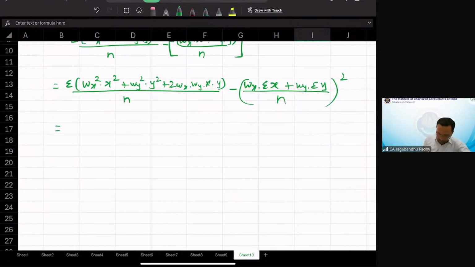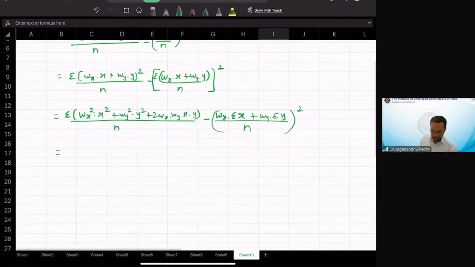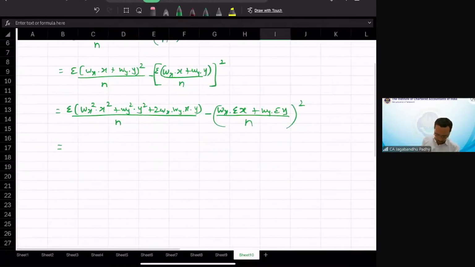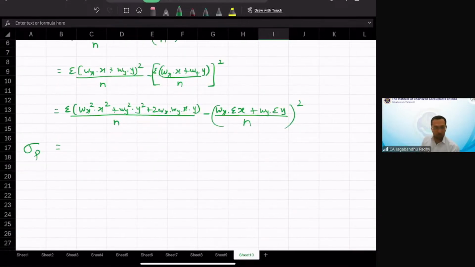Okay. I'm not going to solve it fully for you, but when you solve it, what are we going to get as the standard deviation of portfolio? You can just do the manipulation as a part of your homework and try it at home.